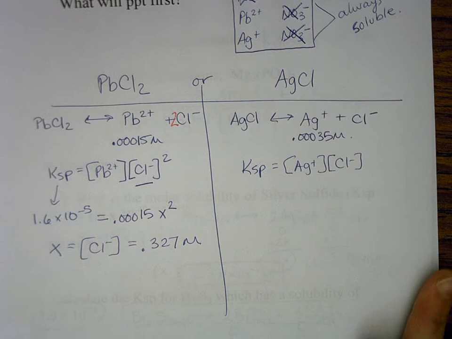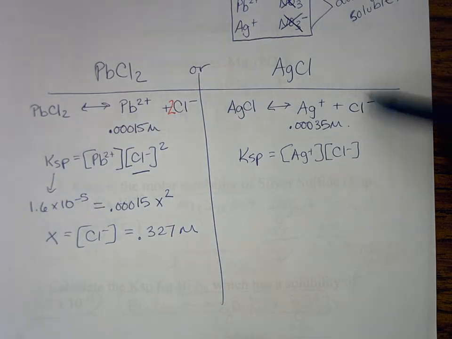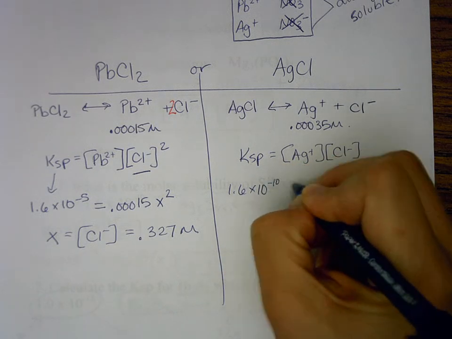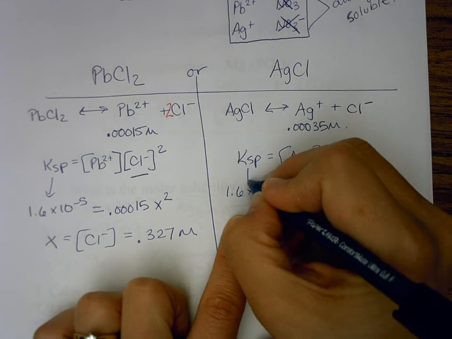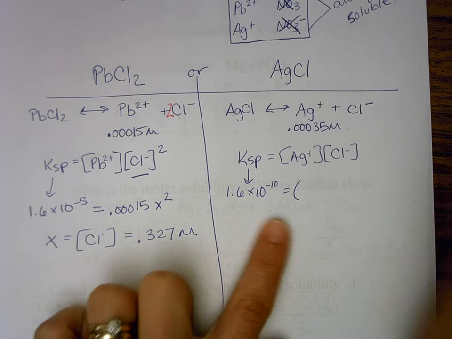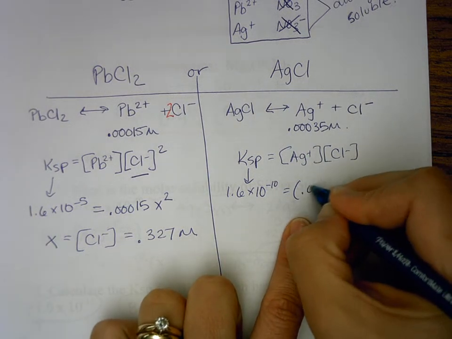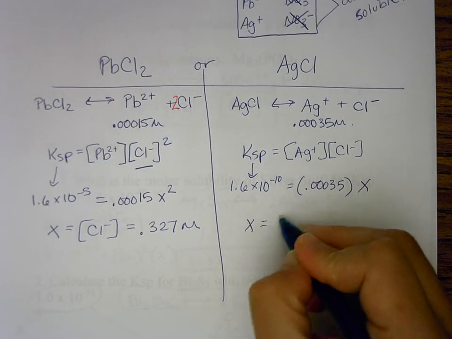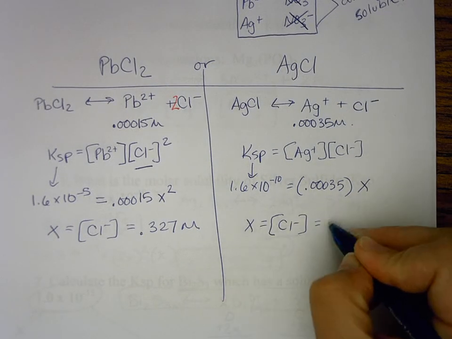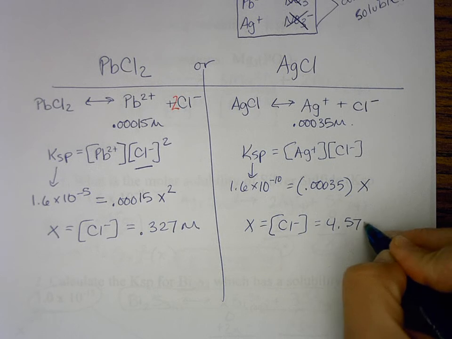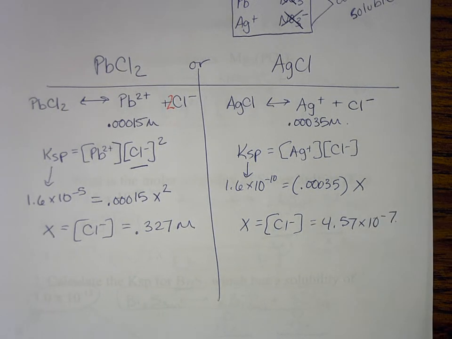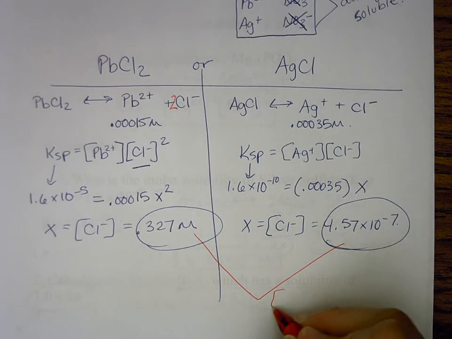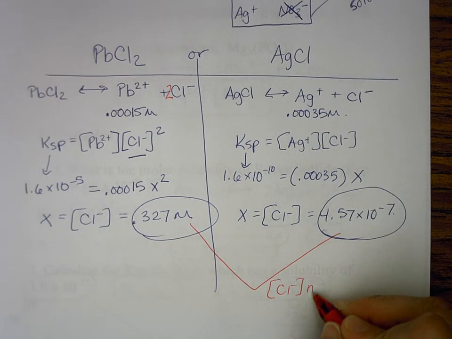On this side, I get 1.6 times 10 to the negative 10 equals, this was the KSP value for silver chloride that I looked up, my silver concentration, 0.00035, times x, where x is the chloride ion concentration, which is 4.57 times 10 to the negative 7. These numbers tell me the concentration of chloride ions needed to precipitate.